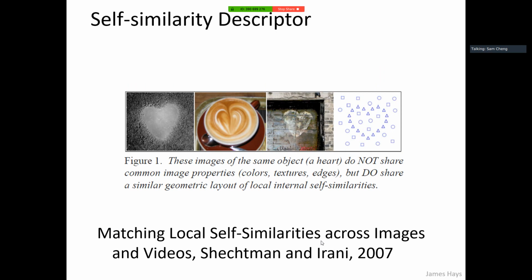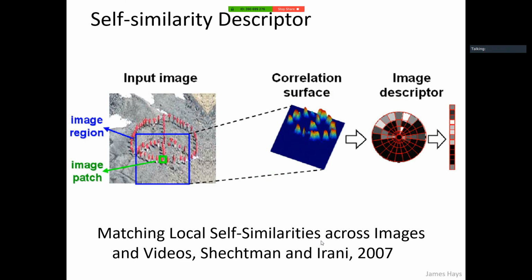This kind of descriptor is useful to match objects such as, for example, this heart shape here, even though they have different texture, they can match each other. So this is another example there.